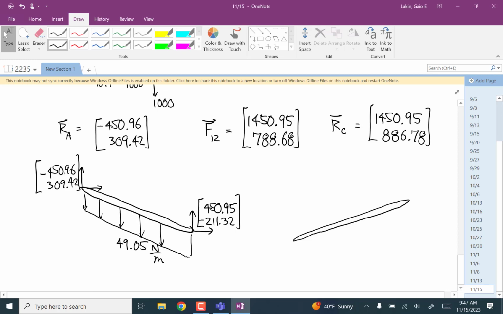And then on the other one, at the joint C, 1450.95, 886.78.